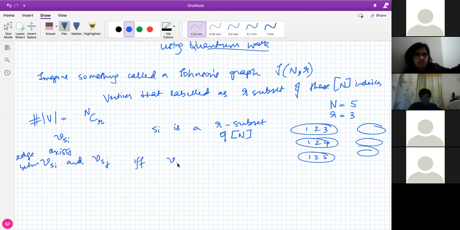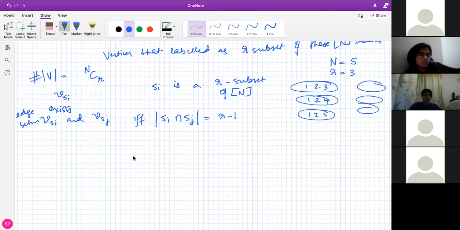So if and only if Si intersecting Sj has R minus 1 elements, which means one index in the set Si will be taken out and replaced by some other element.